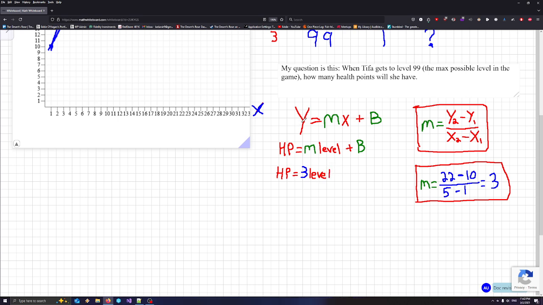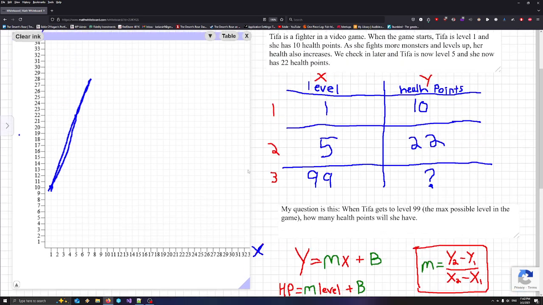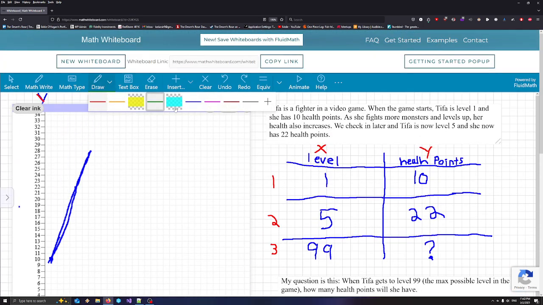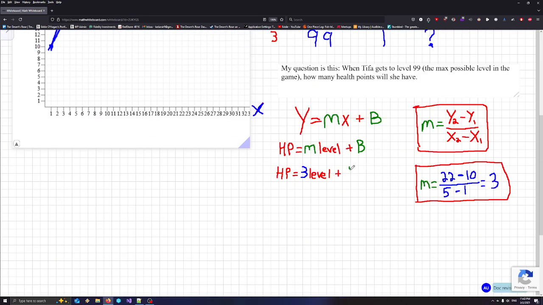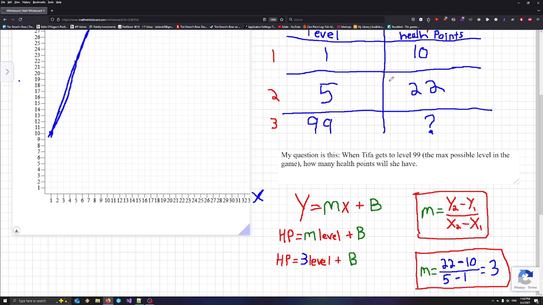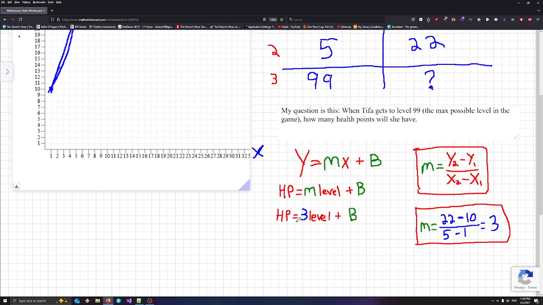Again, I'm just using y equals mx plus b, as you can see. X is level, y is HP, plus b. So we still got to get the b, also aka the y-intercept. And the way we do that is we plug in some numbers from our table and just solve for b.